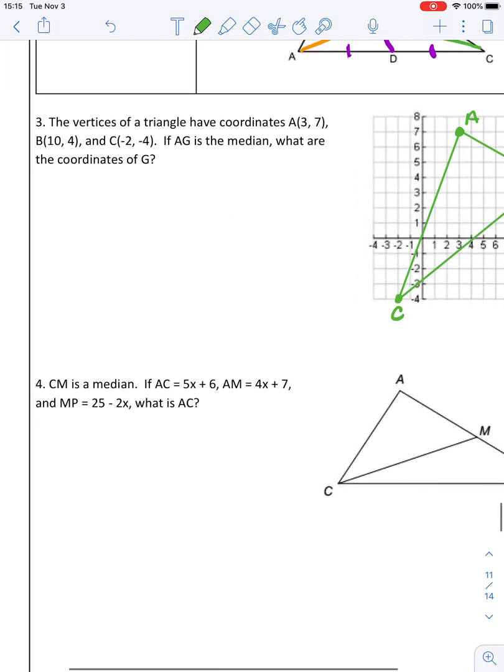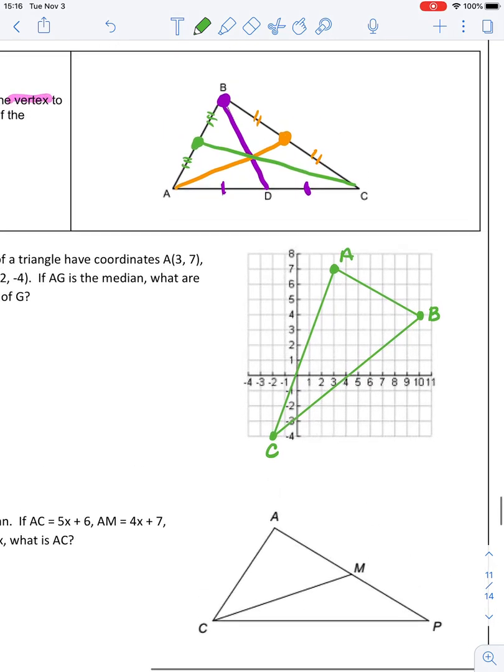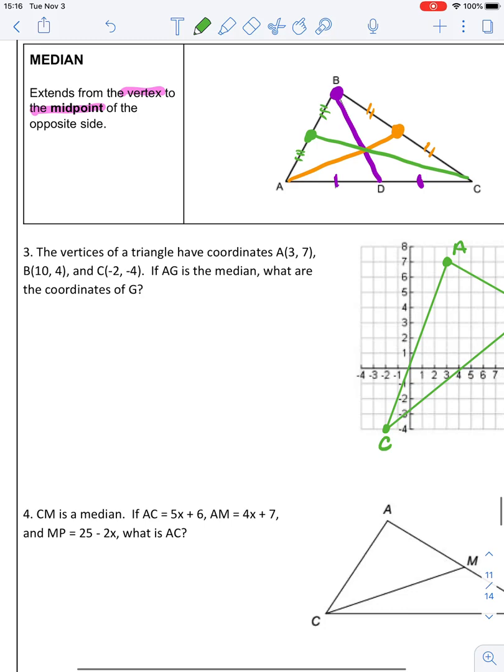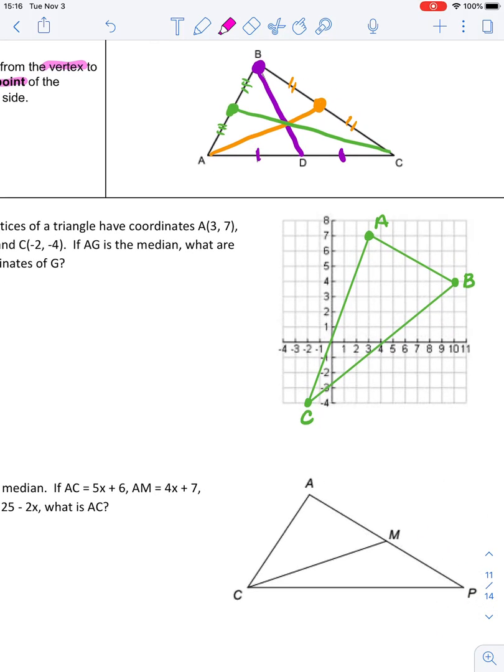It says if AG is the median, what are the coordinates of G? So remember that a median extends from the vertex to the opposite side. So it says that AG is the median. So that means it's going to start at A. So it's going to look something like this. It's going to start at A, and it's going to go to the midpoint of BC.